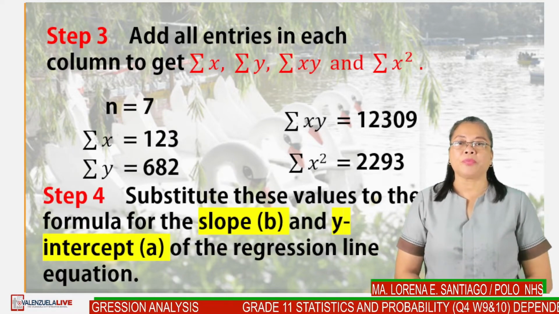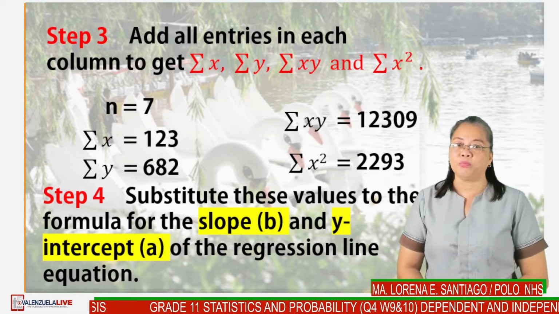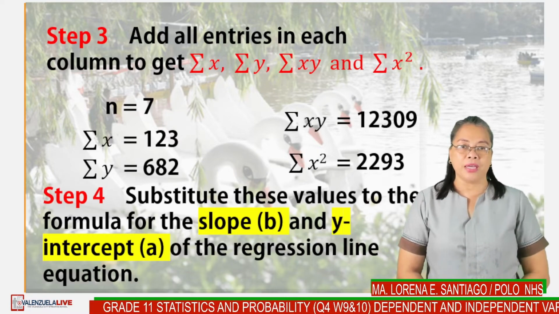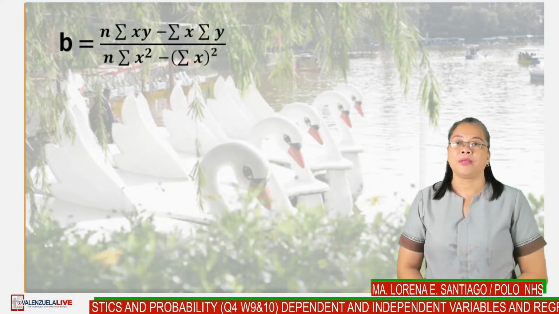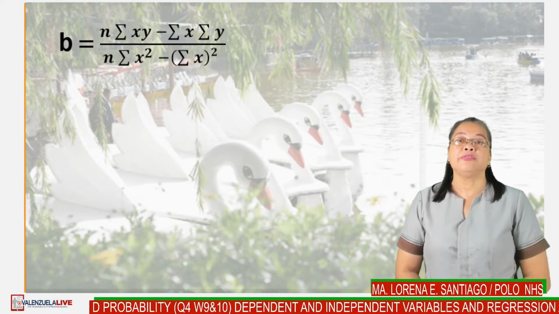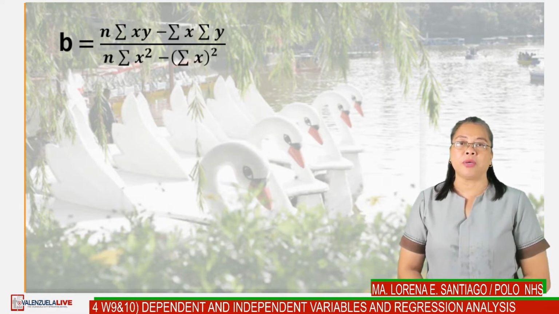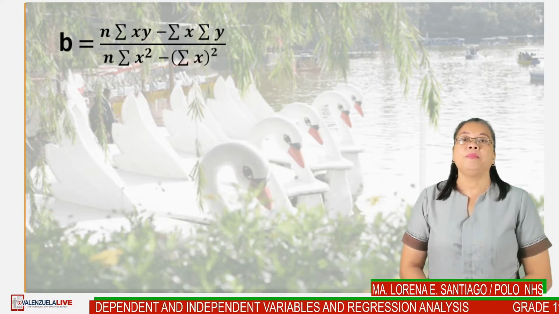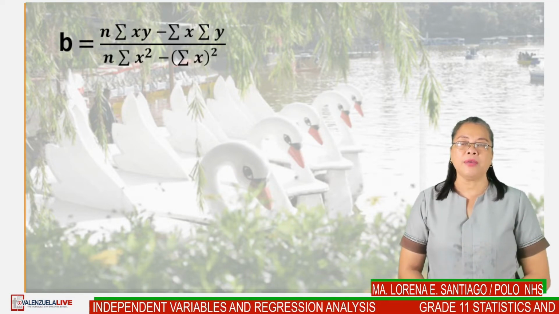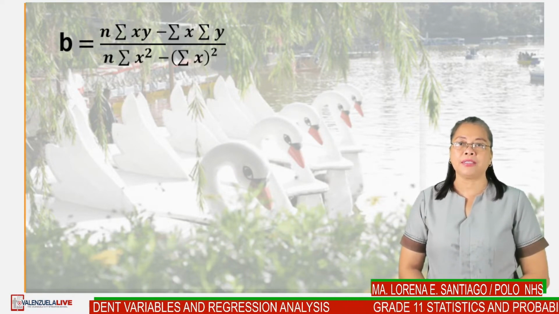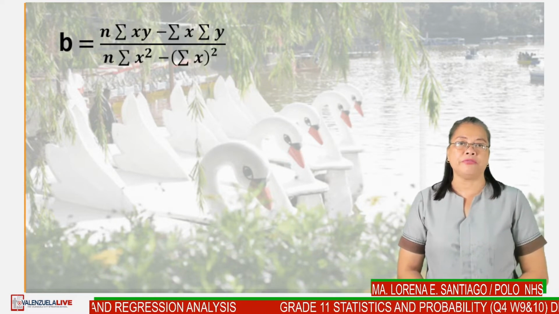Step 4. We will be substituting these values to the formula for the slope b and the y-intercept a for the regression line equation. So, let us recall the formula for the slope b, which is equal to n times the summation of xy minus the product of summation of x and summation of y divided by n times the summation of x squared minus the square of the summation of x.